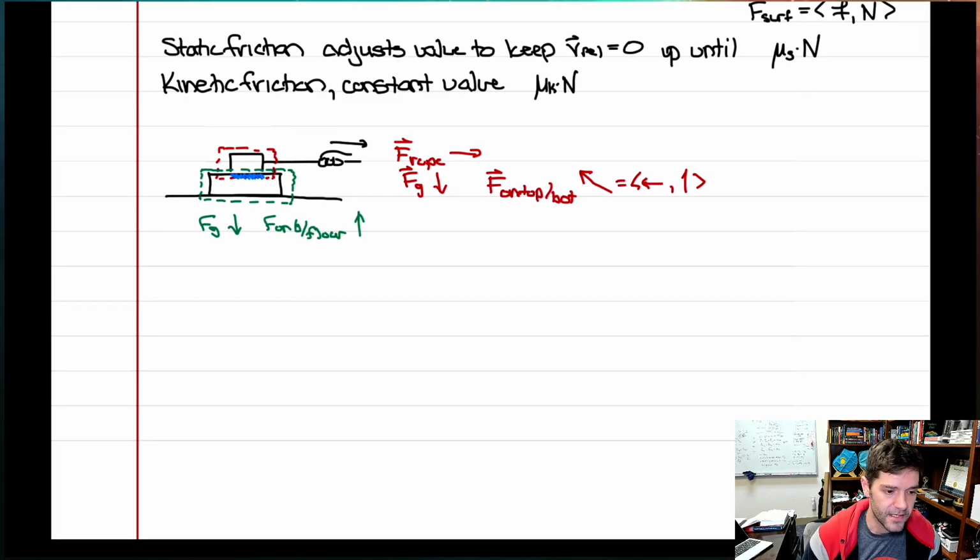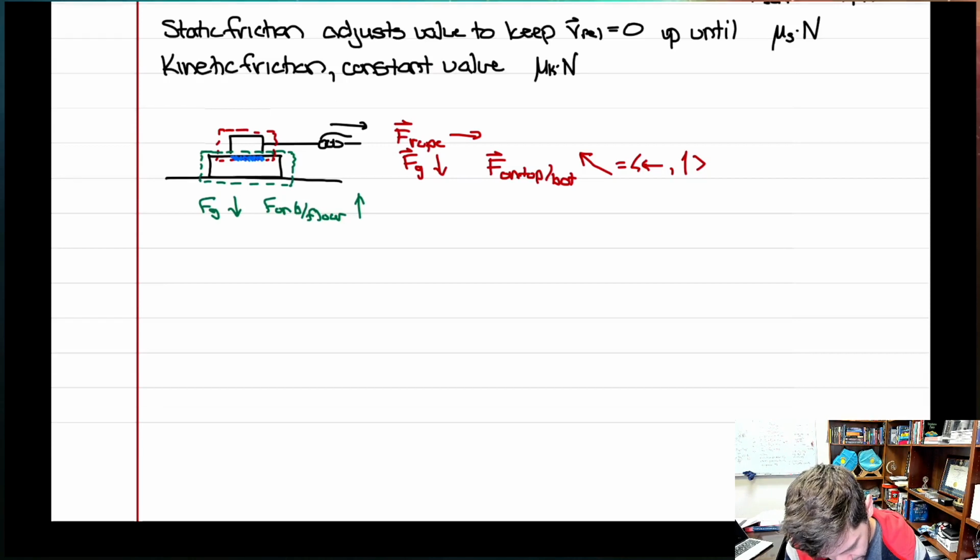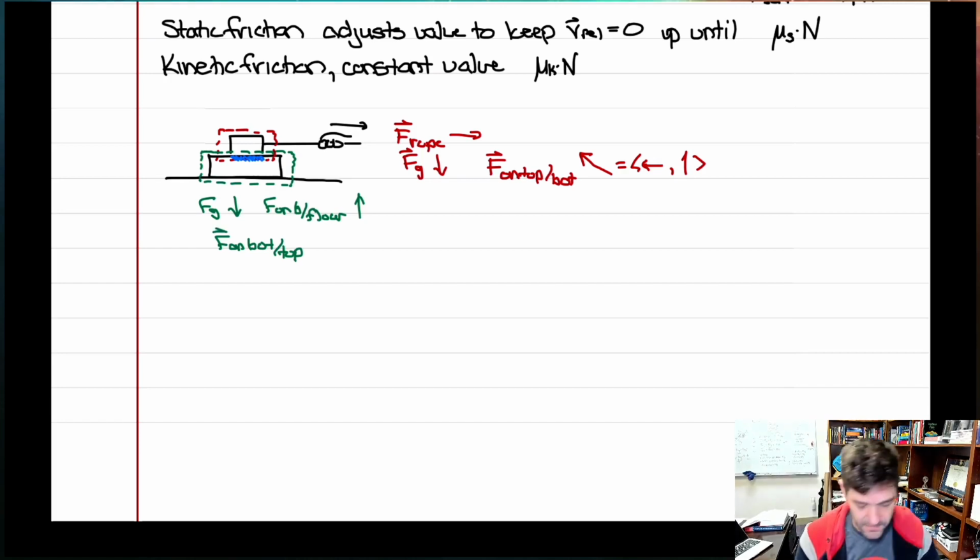And then there is the force of on bottom from top, because was it touching? Again, I don't want to think of friction and normal forces as their own unique thing. It's that they are parts of what is the real force on bottom from top, the fact that the two boxes are touching.